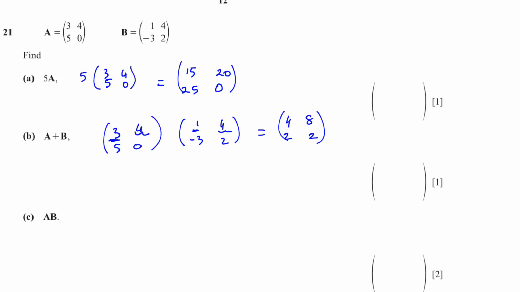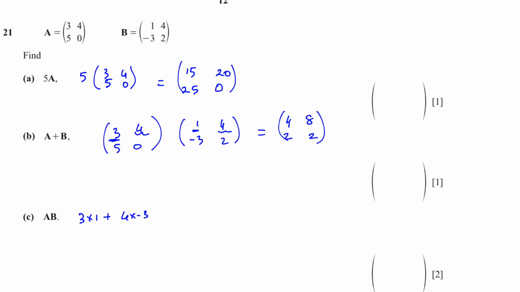In part C, it is AB, it's multiplication. So we have to multiply A with B. For multiplying matrices, we'll multiply the first row with the first column. Each term will multiply 3 by 1. So 3 times 1 plus 4 times negative 3.